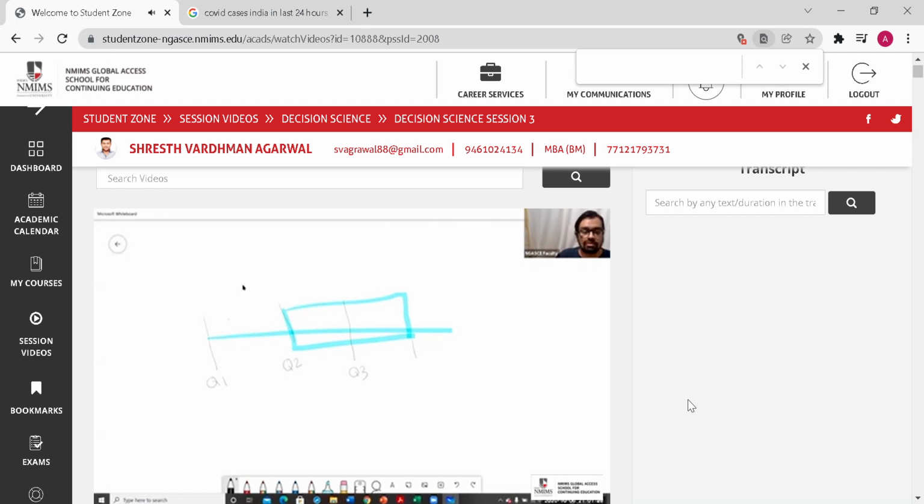This is a minimum value actually, and this is a quartile 4. So this is the maximum value. At the minimum value is the beginning of quartile 1. Here quartile 1 ends, here quartile 2 ends, here quartile 3 ends.